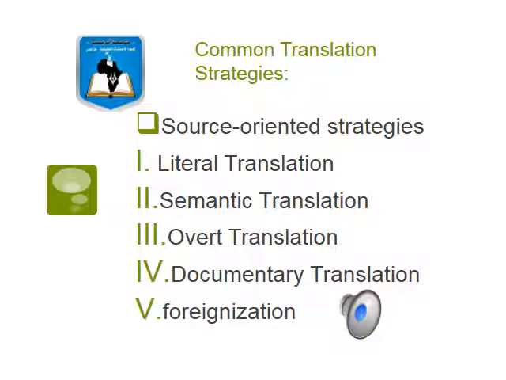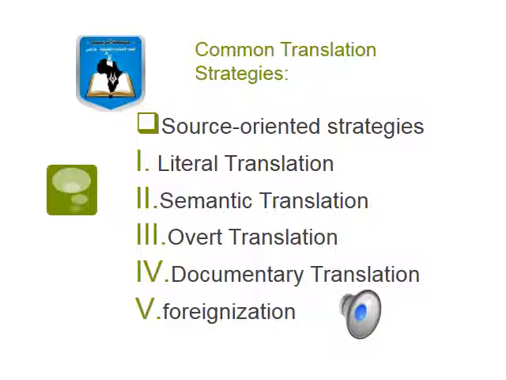It's worth pointing out here that literal translation is used as a strategy and as a technique. So you can't drop anything. You transfer the text as it is, without addition or omission, but a meaningful text from the source language to the target.